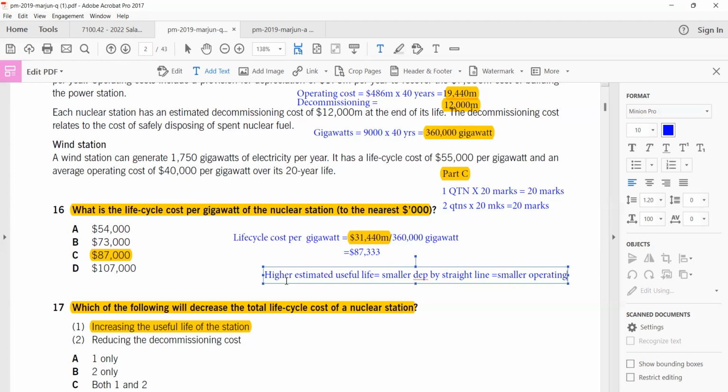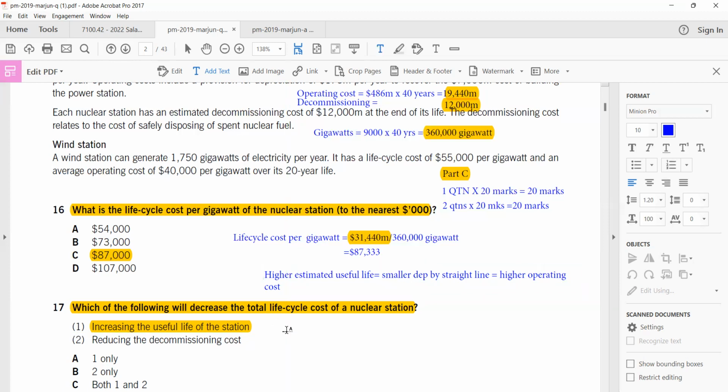Operating cost here becomes the full cost of the product, right? So a higher estimated useful life, smaller depreciation, is not supposed to actually reduce the cost, because you are not getting anything. So higher operating cost, using this product for long.